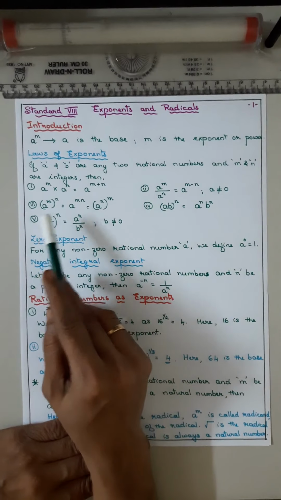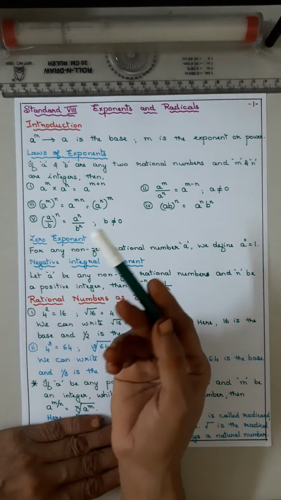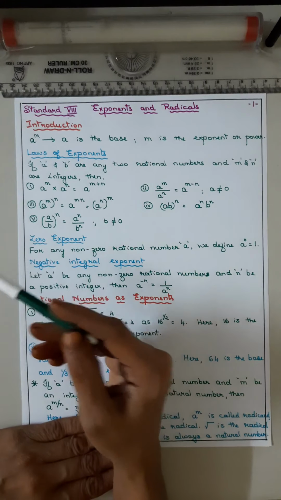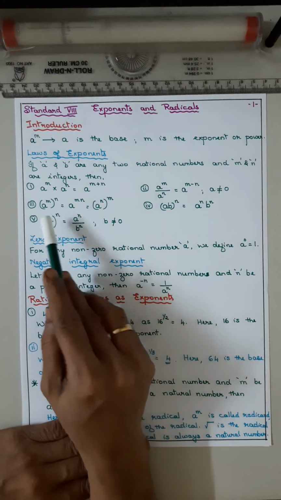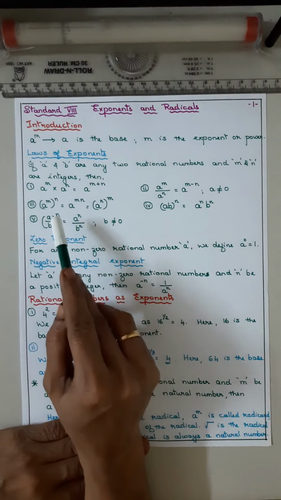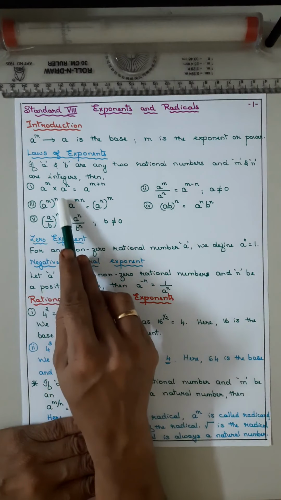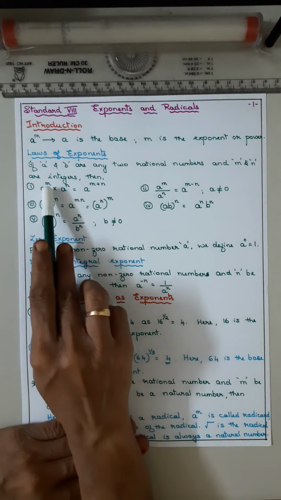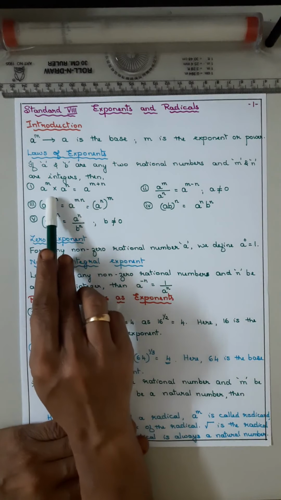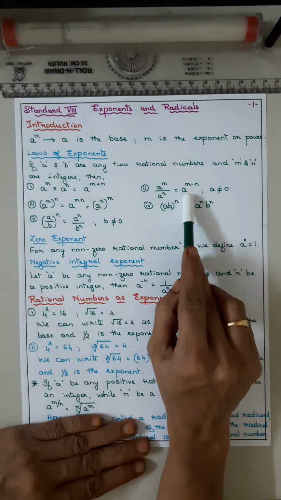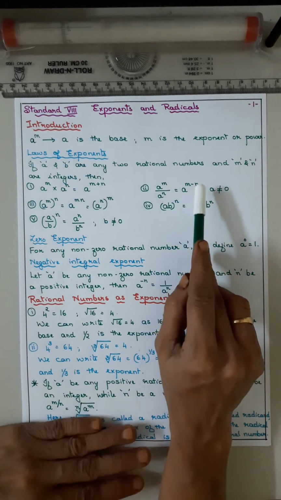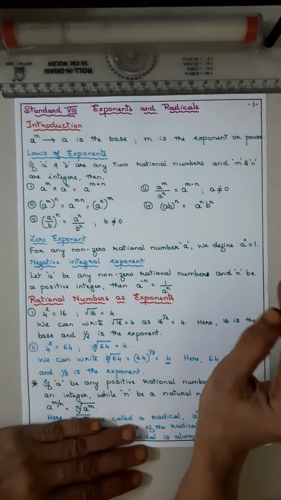So either m is inside or n is inside, it is the same, mn, nm. So when it is a bracket and then a power, you have to multiply. Here bases are same, the powers are different and multiplication sign is there, so you have to add. Here it is division, so subtract the powers.